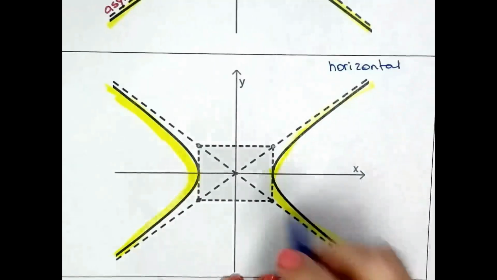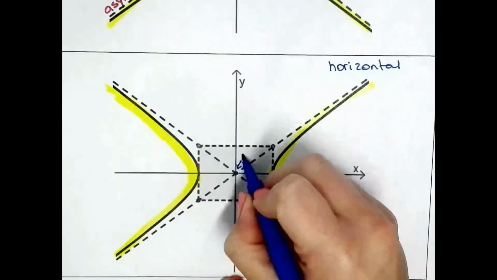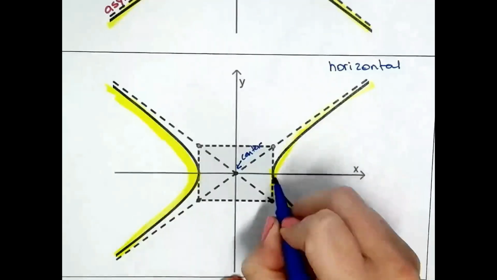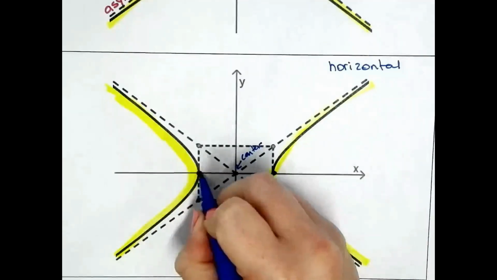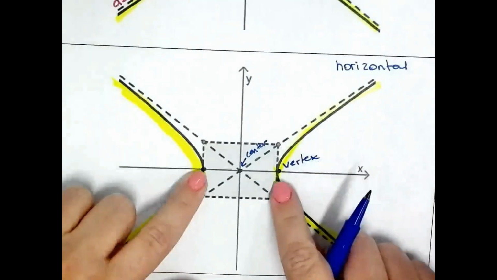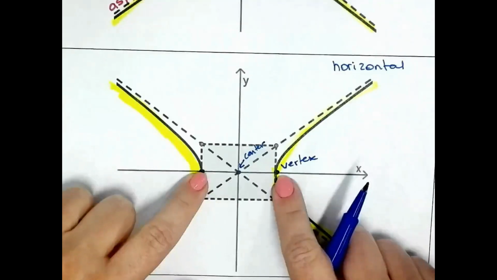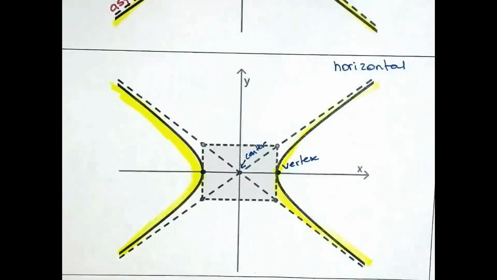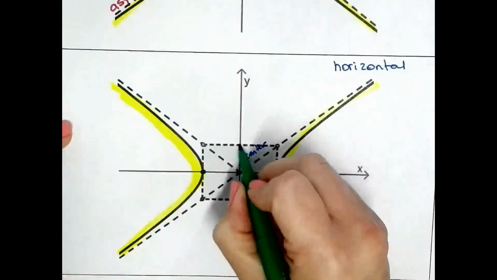And I'll pick up the pace here a little bit. So this one is the center, like the other one. And the vertex is on the graph. So the vertex is on the graph. The co-vertices are not on the graph.